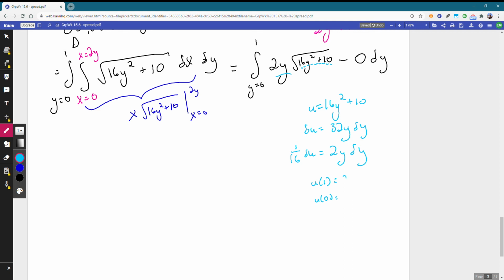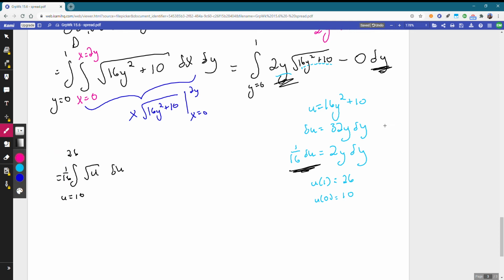So that is 26. Plugging in 0, y squared will be 0, and we'll just get the 10. All right, so putting those all together, be the integral from u equals 10 to 26, the 2y dy, right, that becomes our 1/16 du, and let me just pull out the 1/16 right away. And then our square root is just going to become square root u.